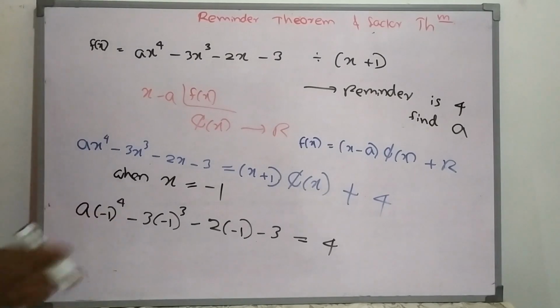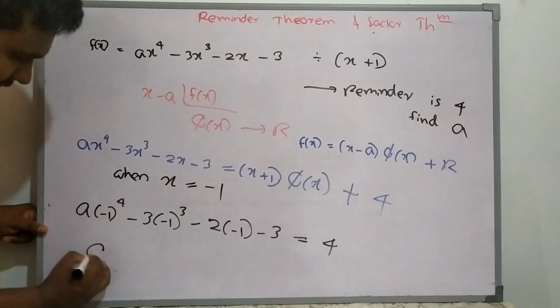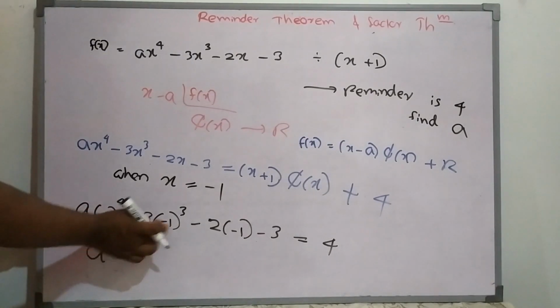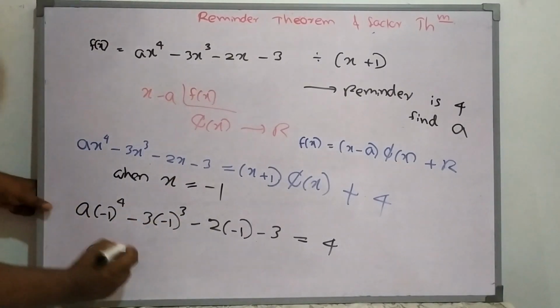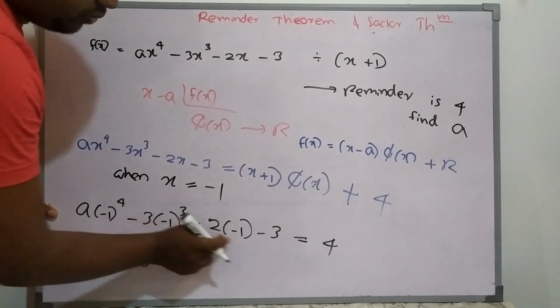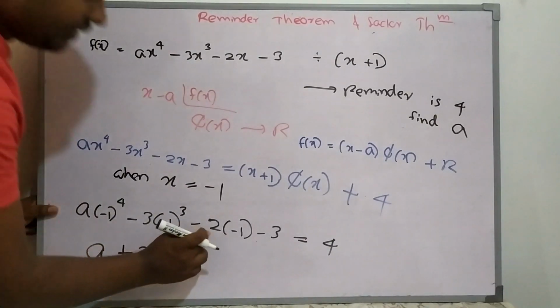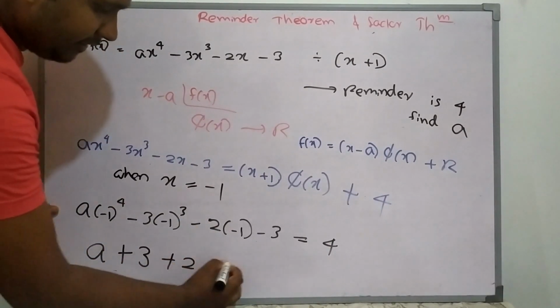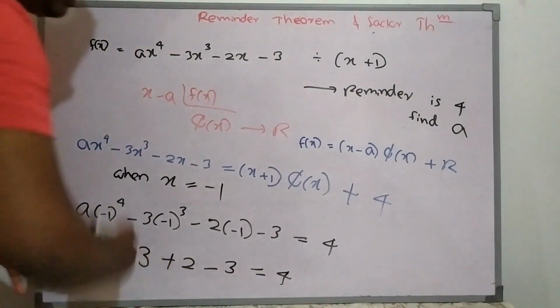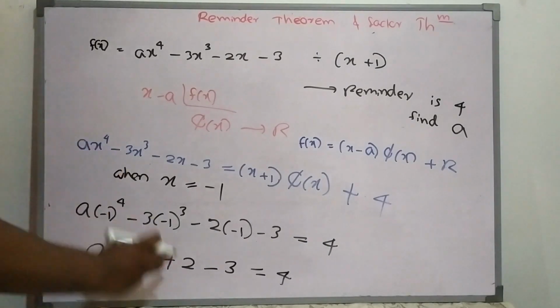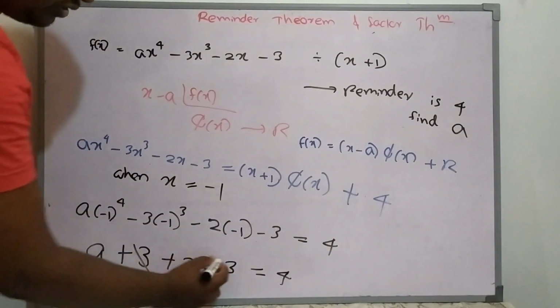Then minus 1 to the power 4 is plus 1, which is a. Minus 1 to the power 3 is minus 1, and into minus 3 gives plus 3. Also minus into minus is plus 2, then plus 2 minus 3 equals 4. So we shift these numerical values to the other side.